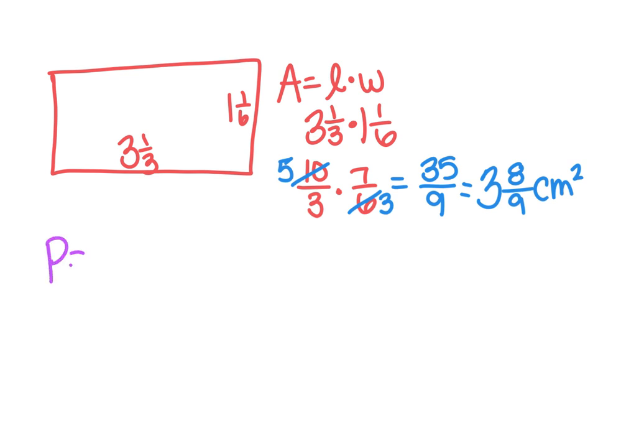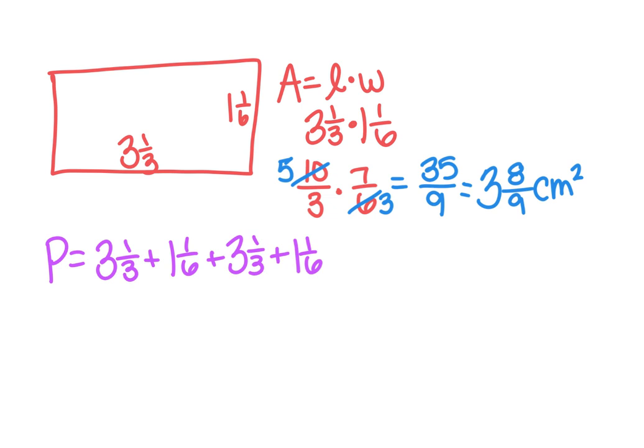All right, perimeter, we're adding all of the side lengths. So 3 1/3 plus 1 1/6 plus 3 1/3 plus 1 1/6. To add with fractions, anyone remember what I have to have? Common denominator. I don't need to turn them into improper fractions, but I do need a common denominator. So what can I make my common denominator of thirds and sixths? 6.